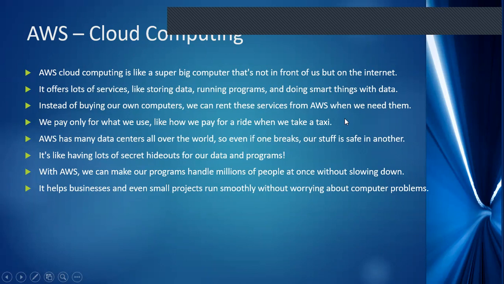So what cloud offers is a lot of different services. Like we can store a lot of data in our cloud. We can run a lot of programs. We can do a lot of complex activities on the cloud, right? So instead of buying our own computers, we can rent the services of AWS whenever we need them and we can pay them whenever we want.